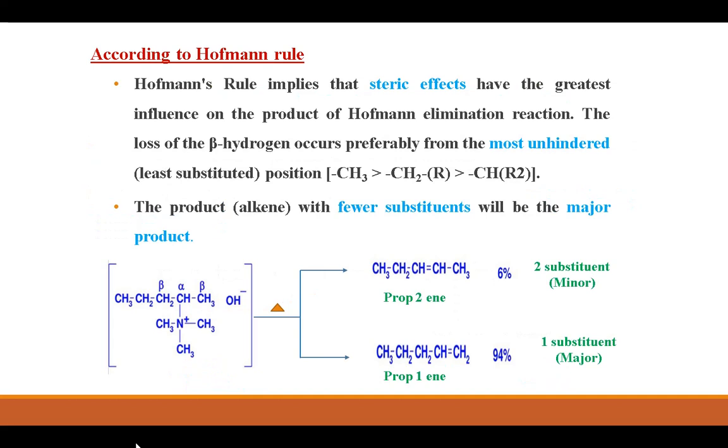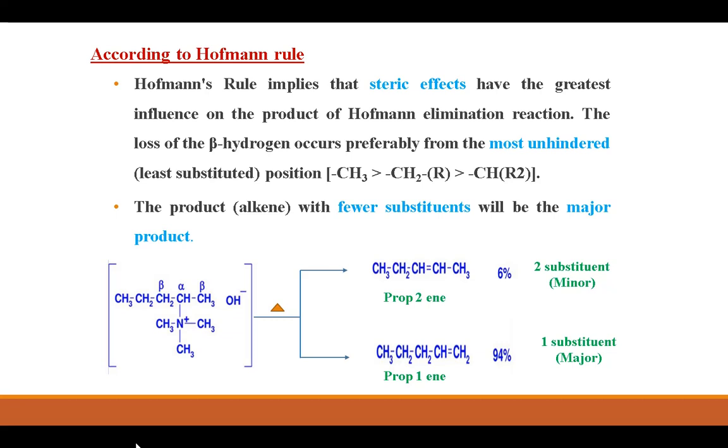But if you are taking an amine substrate having two or more beta carbons, then more than one alkene product will be formed. The base may abstract a proton from either of the beta carbons, to give two different products. Out of these two products, the major product is decided by a rule known as Hofmann rule.